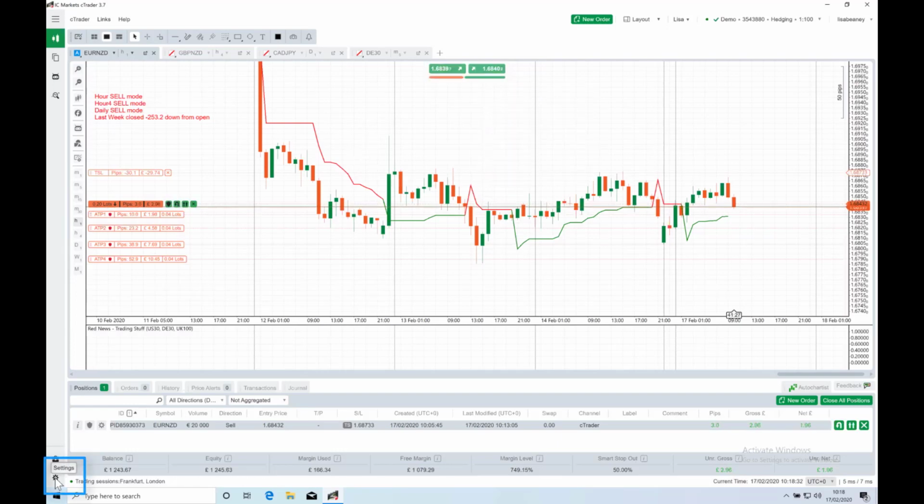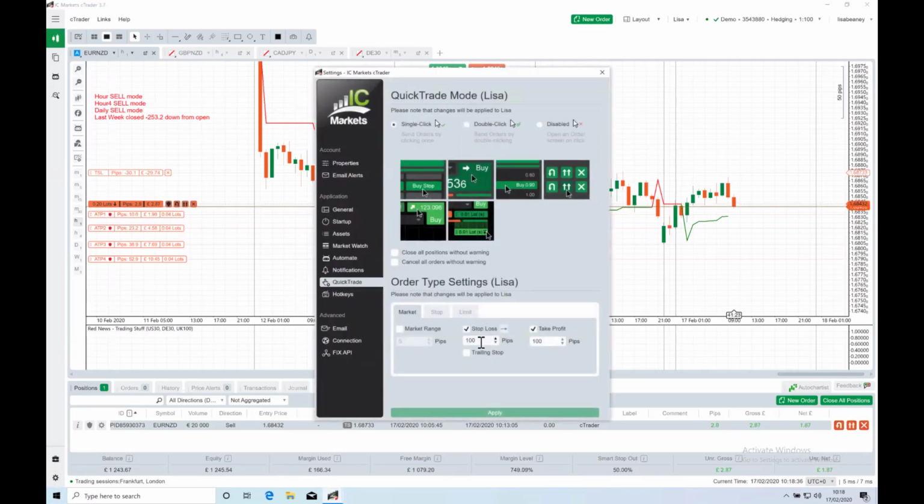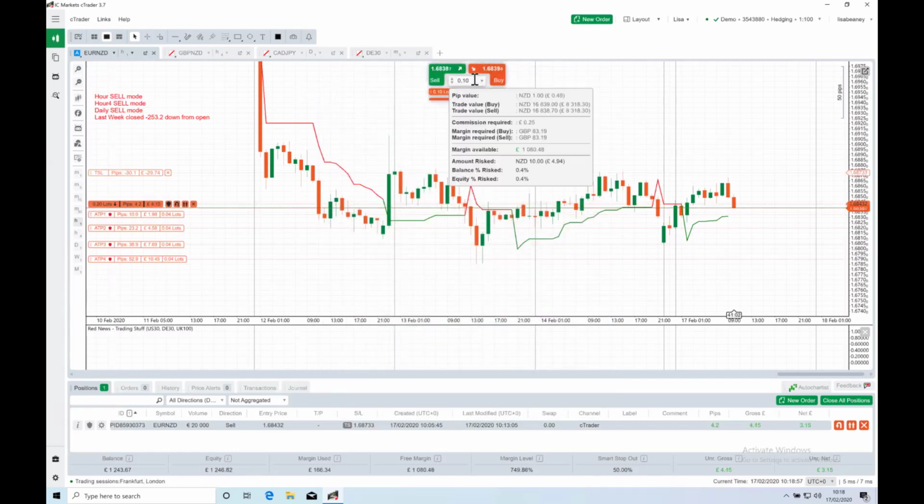So if I go and show you, under settings and under quick trade, we've got a stop and a limit here of 100 pips. And those numbers that you see on screen are actually calculated from this stop and this limit. So if I change that to 10 on each and click on apply and close that and come back up here, it's saying my balance risk is now 0.4%.